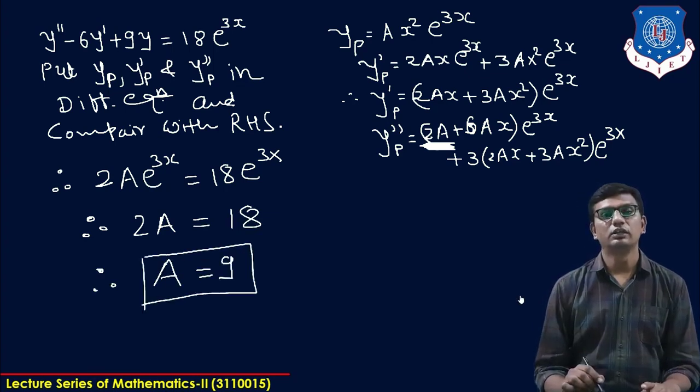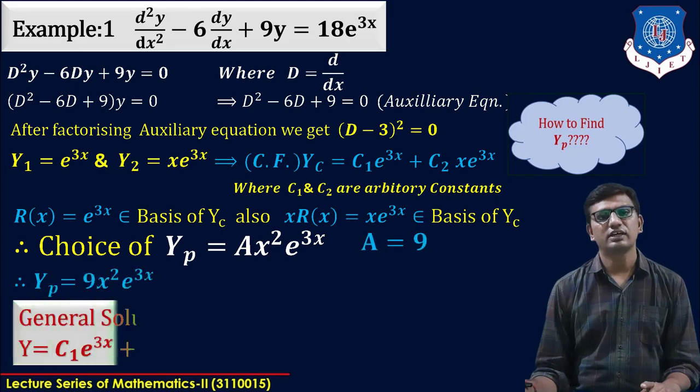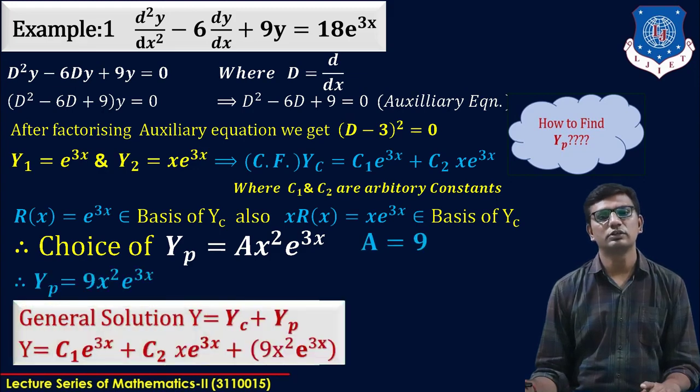Now put the value of a equal to 9 in yp and we get the particular integral yp equal to 9x² e^(3x). So our general solution will be y equal to yc plus yp, where y equals c1 e^(3x) plus c2 x e^(3x) plus 9x² e^(3x).